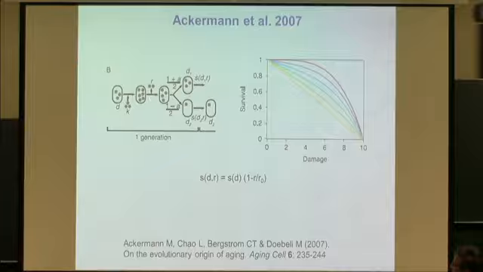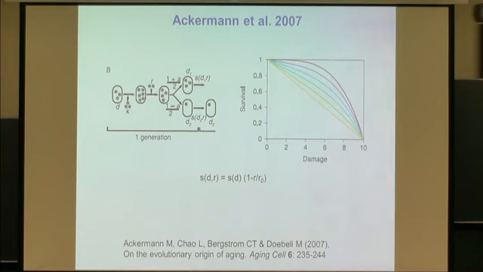So you end up with a certain amount of damage, then some is repaired with rate r, and then divided symmetrically or asymmetrically into the daughter cells. And now the survival of the daughter cells depends on the damage and the repair rate. So survival goes down with damage, makes sense, and survival goes down with repair rate. This is a way to implement the cost of repair in the model.